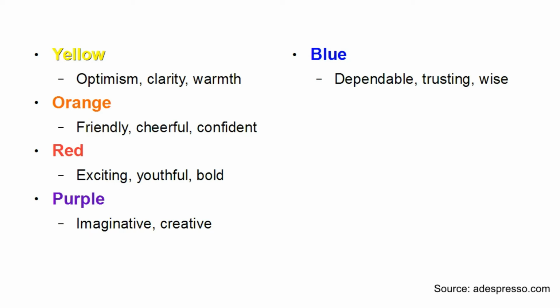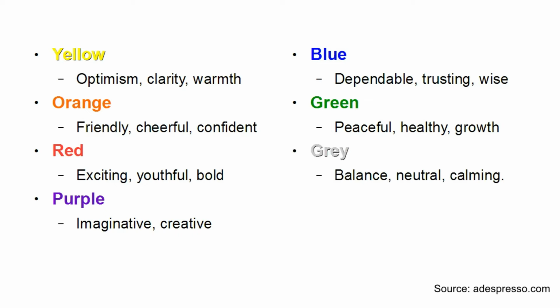With blue, people tend to associate it with things being dependable, trusting, and wise. Green tends to be associated with things that are peaceful, healthy, and associated with growth. And grey is a balance, neutral, and calming.